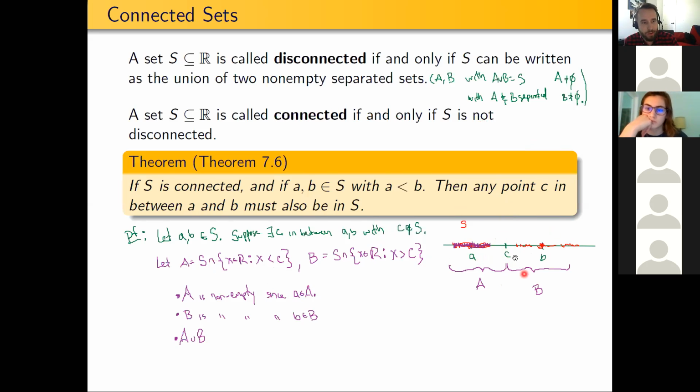So A union B is all of these points, union all of these points. The only point that we might have missed is C, but C was not an element of S by assumption. So A union B equals S.